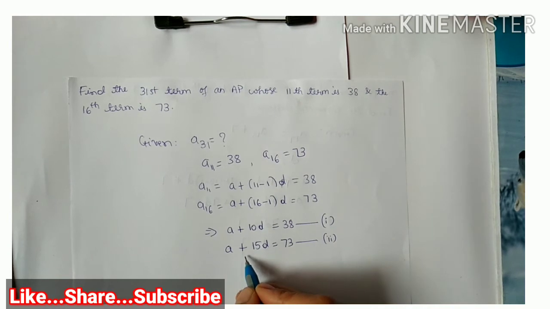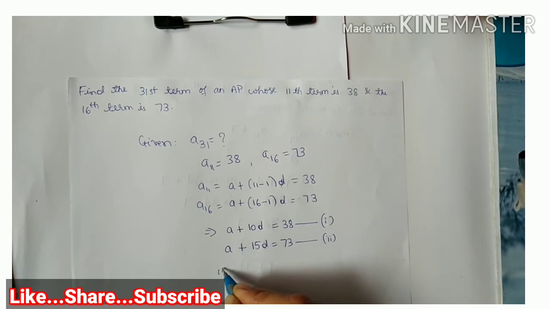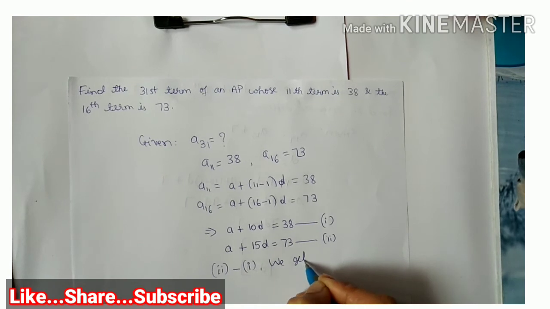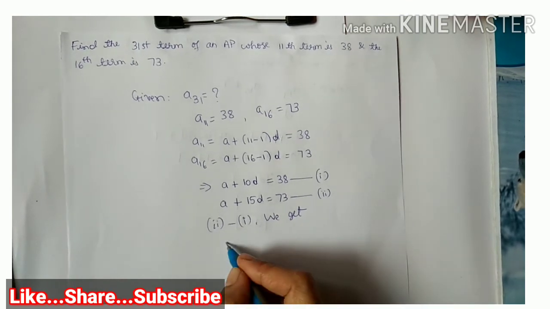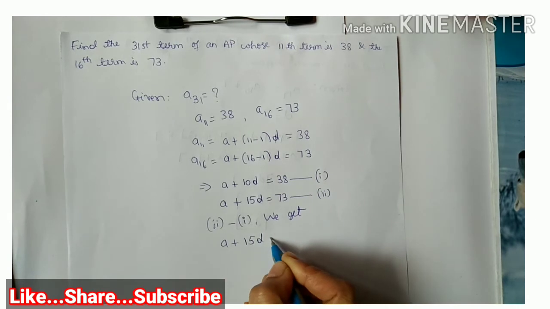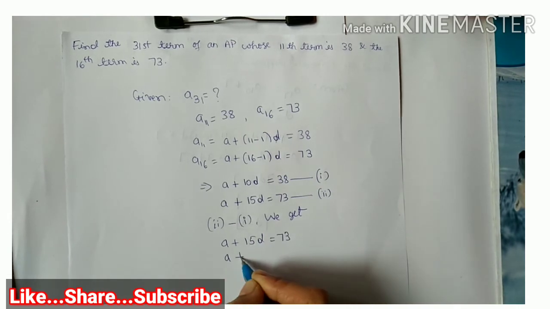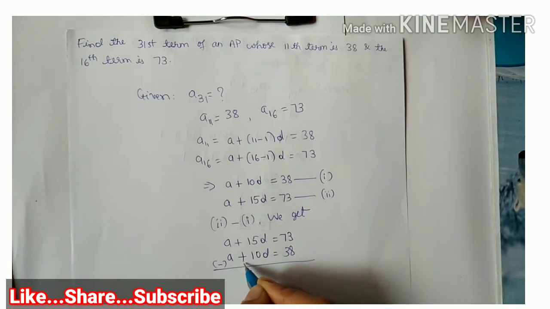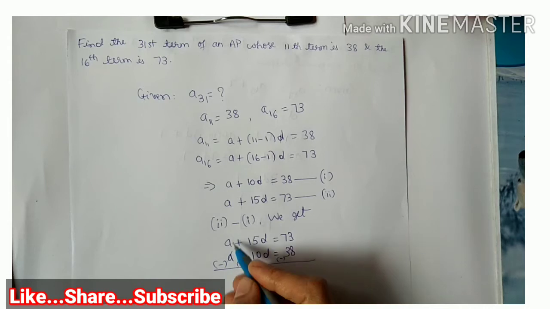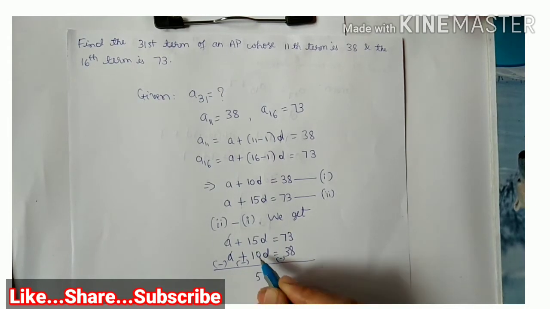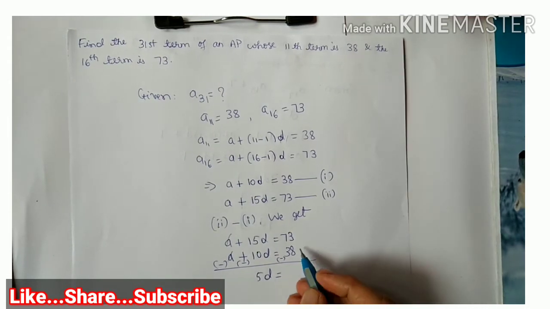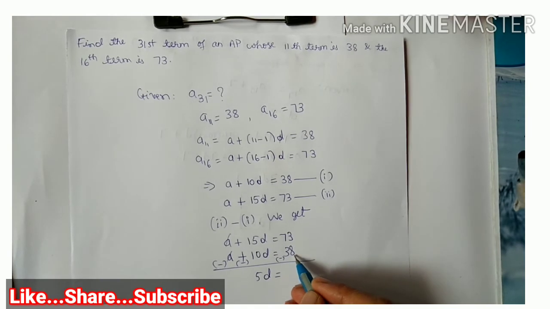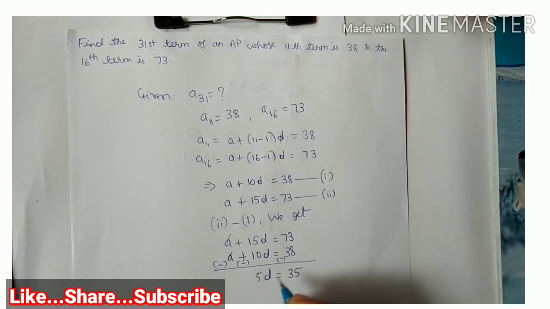Solving these two linear equations, we get equation 2 minus equation 1. a + 15d = 73 and a + 10d = 38. So 15d minus 10d gives 5d, and 73 minus 38 gives 35. 5d = 35.